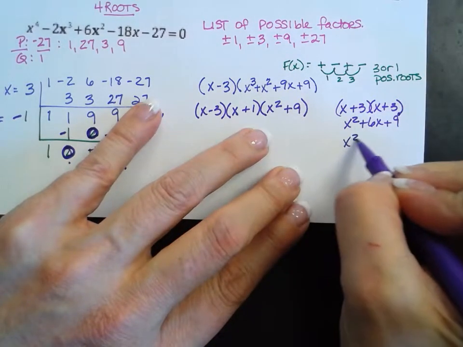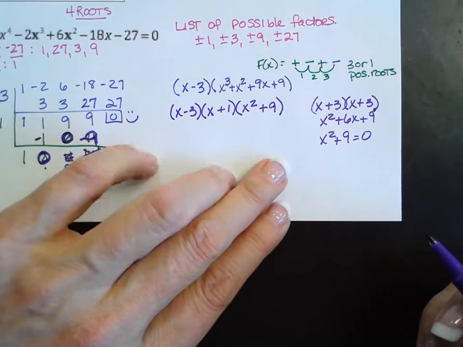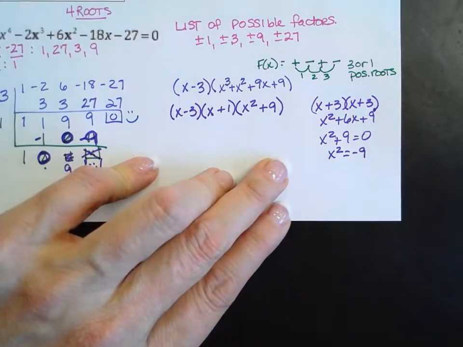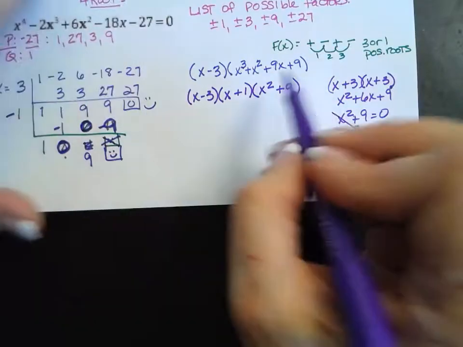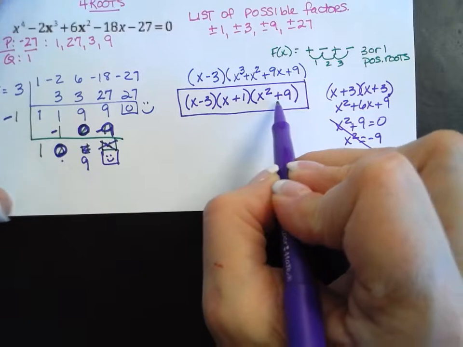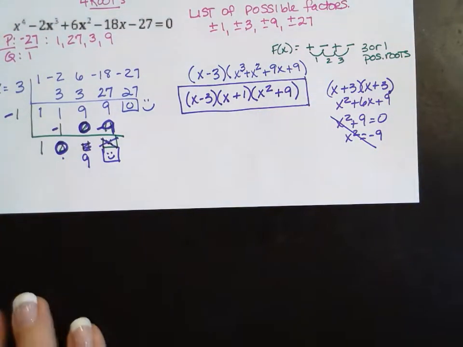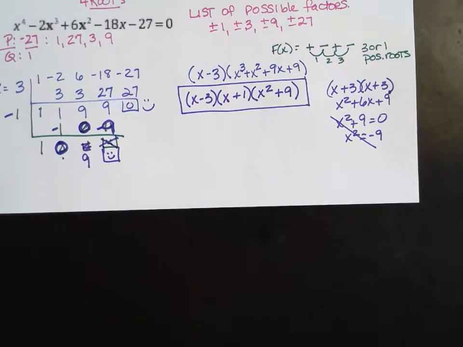Let's take a look at this. If I have x squared plus 9 equals 0, can I take the square root of that? Not yet. So, anytime you see a sum of squares, if it's positive, till next week you can't do anything with it. Okay?